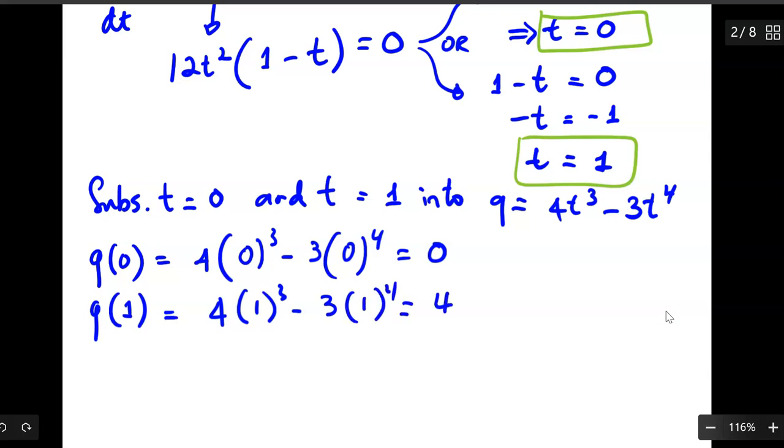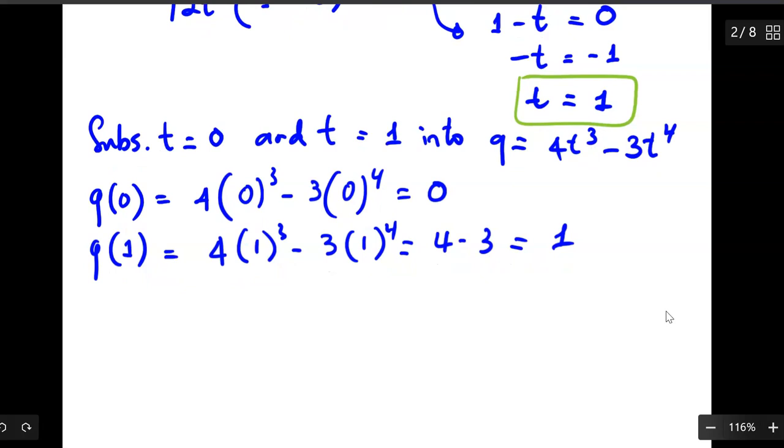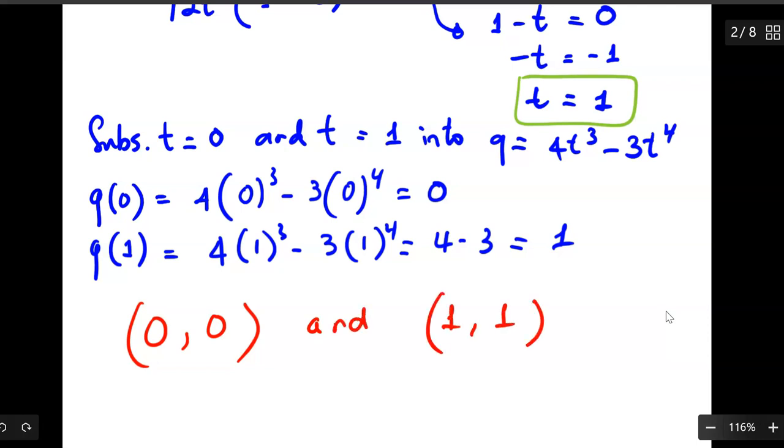So in this case, I should have 4 minus 3, so it's equal to 1. So the two corresponding values are 0, 0 and 1, 1. I am going to take a look at these 2 points on the graph to see which one is the max and which one is the min.